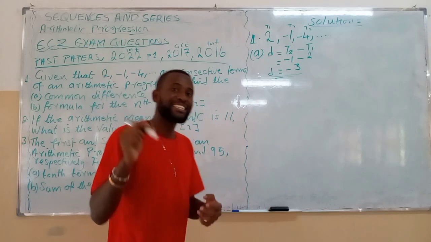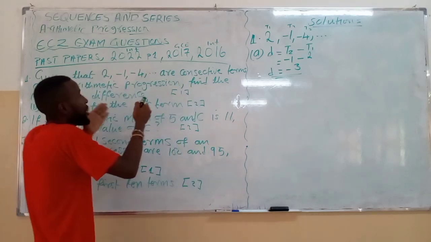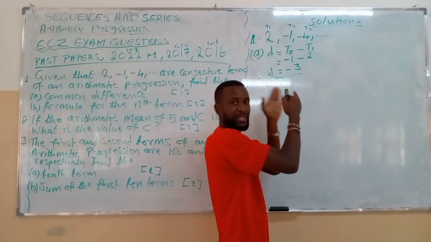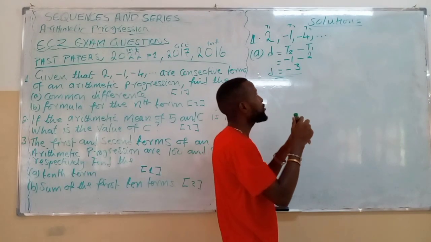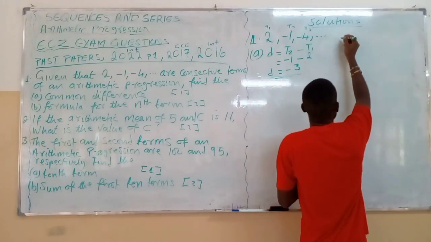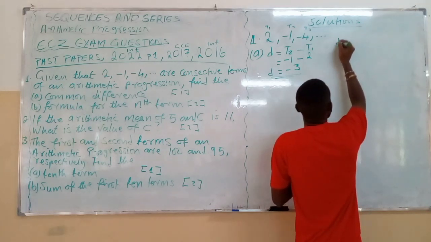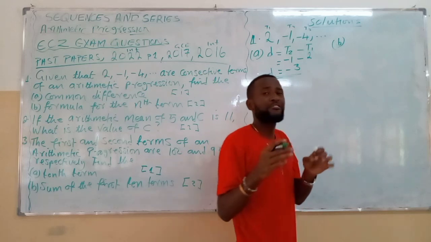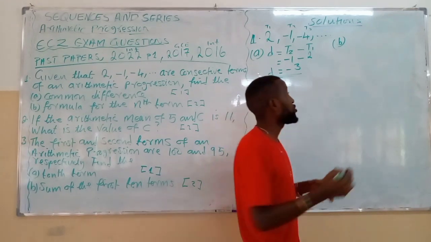So the formula they're asking about here is specifically for this sequence. Let us write question B here. You need to know the original formula for finding the nth term. What is the original formula?